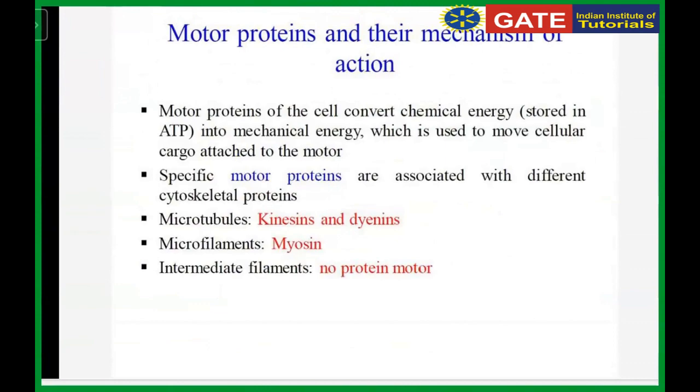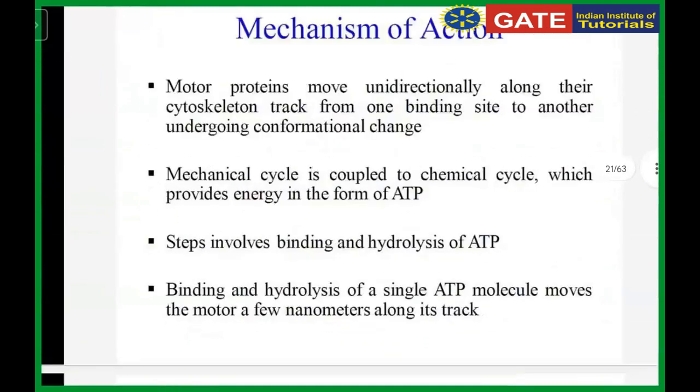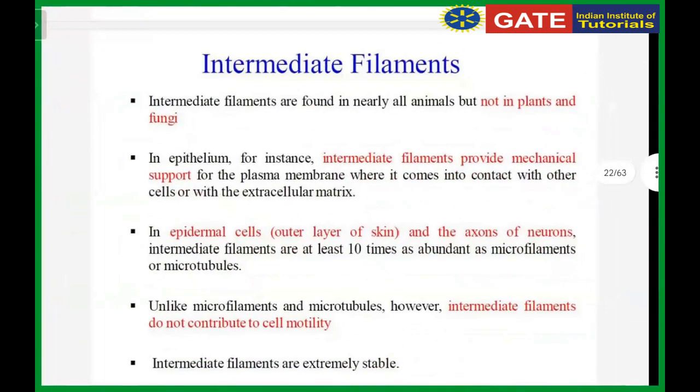Intermediate filaments are not involved in intracellular motility. They just provide mechanical support to the entire cell. They do not contribute to the movement of the cell, and they do not transport substances from one part of the cell to another.